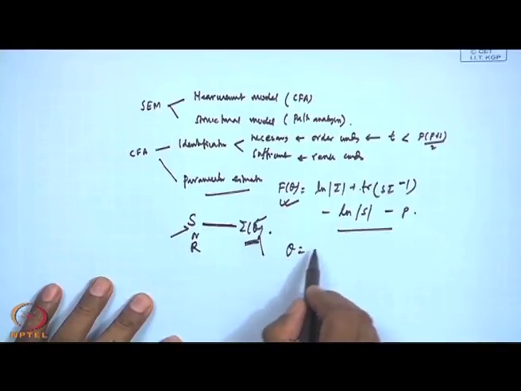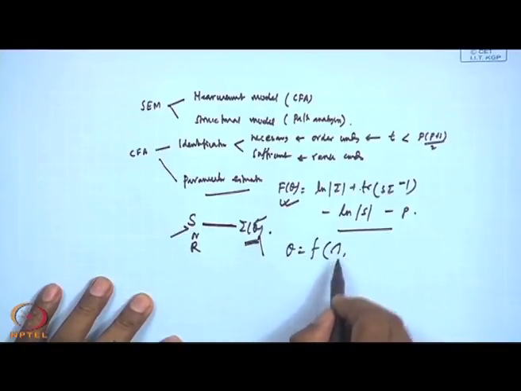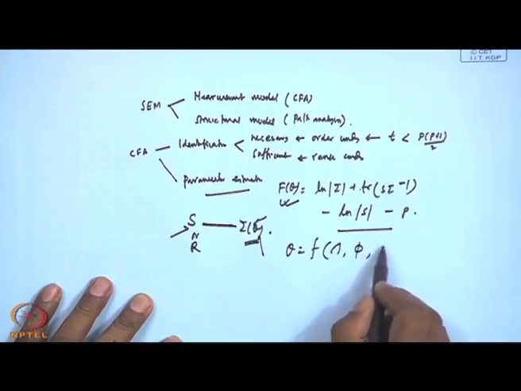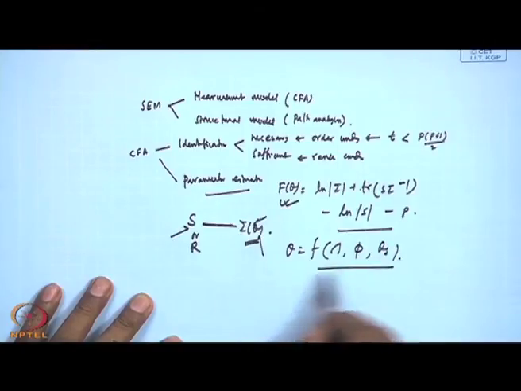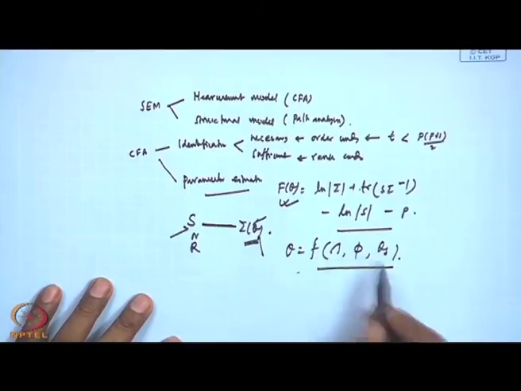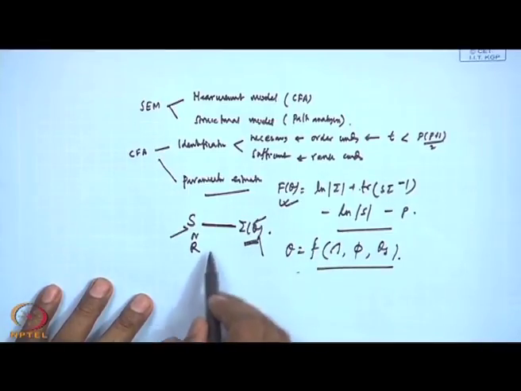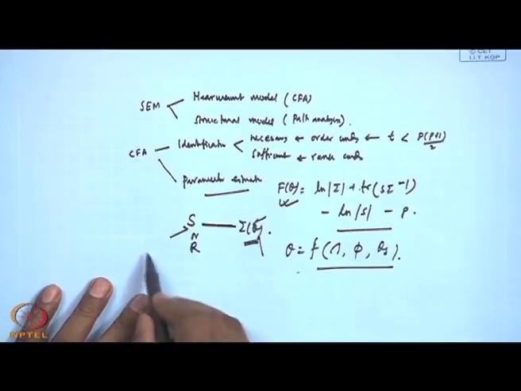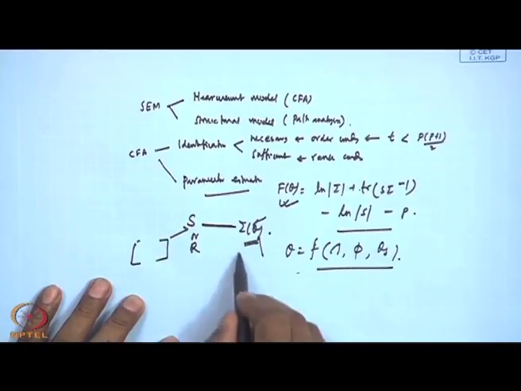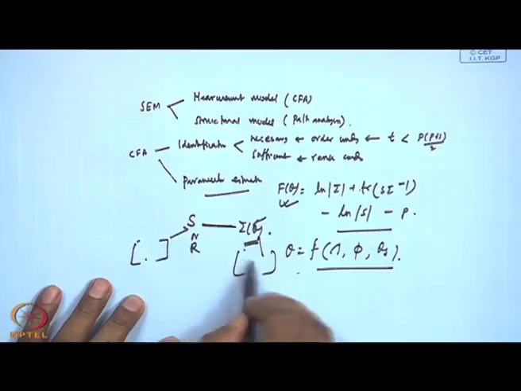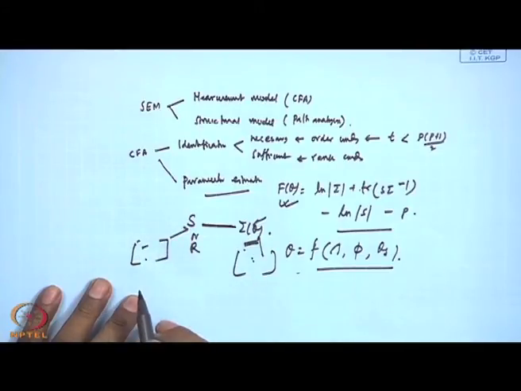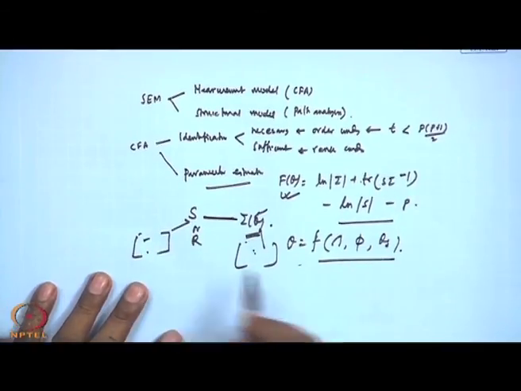Now, theta is a function of many things, like lambda, like phi, like theta delta. So, theta means so many things, any combinations, and that is what you are trying to estimate, because you are doing a one-to-one correspondence from the correlation matrix to the correlation matrix, or covariance to covariance. This is parameter estimation.